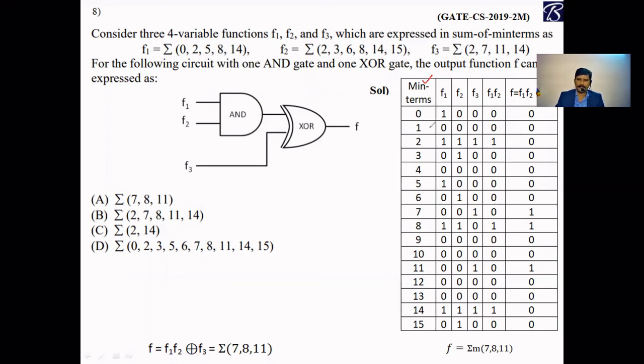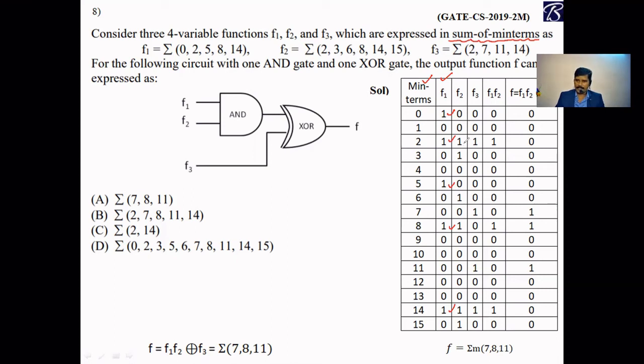Given F1 is 0, 2, 5, 8, 14, the remaining all zeros. These are the minterms, because he has given SOP, sum of minterms, right? What is F2? 2, 3, 6, 8, 14, 15.